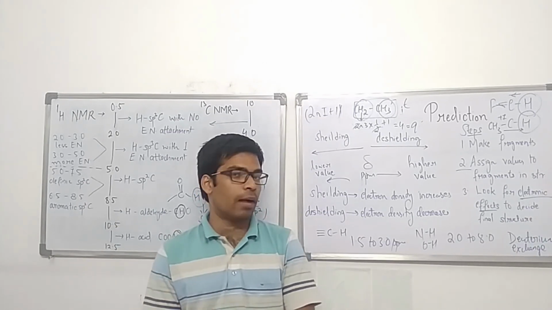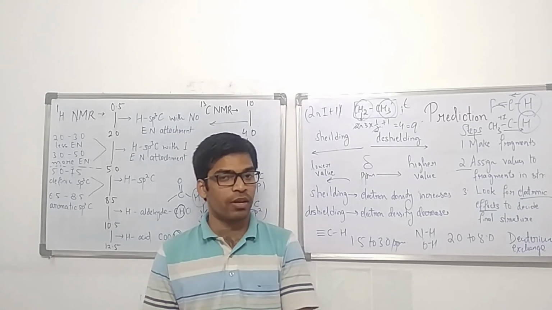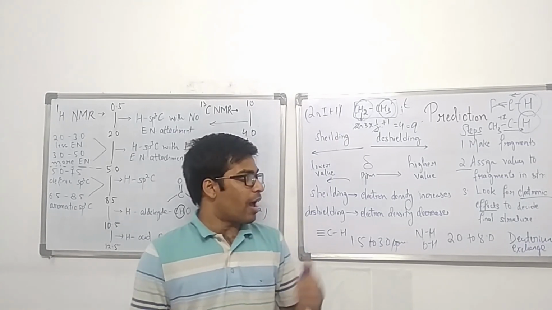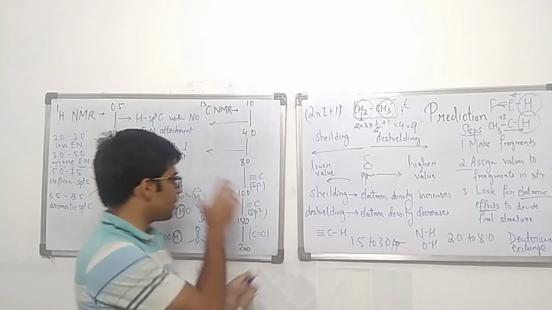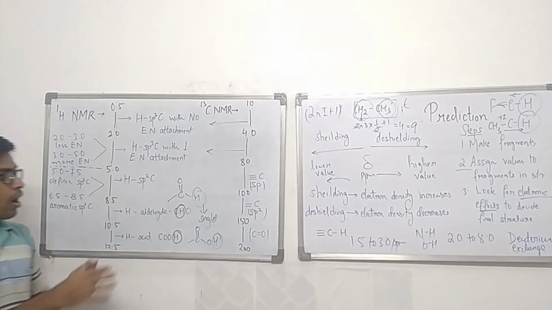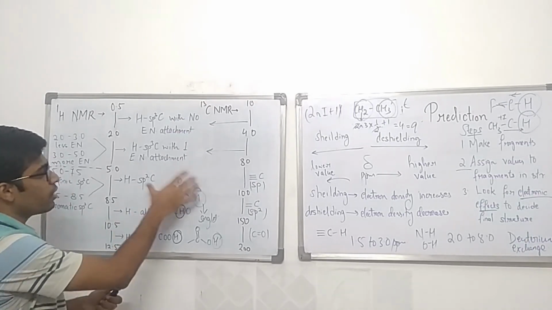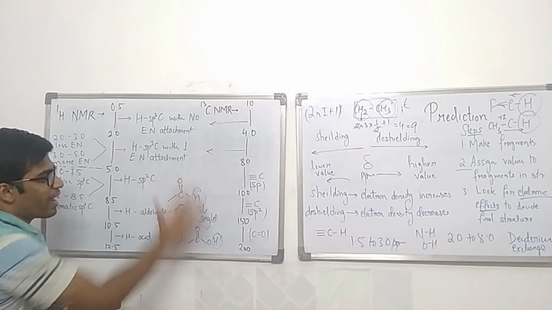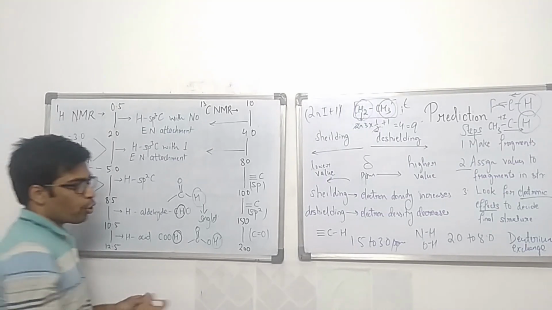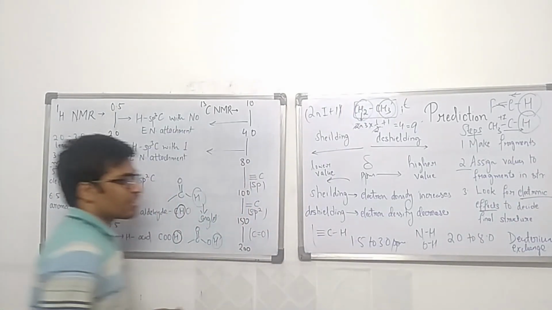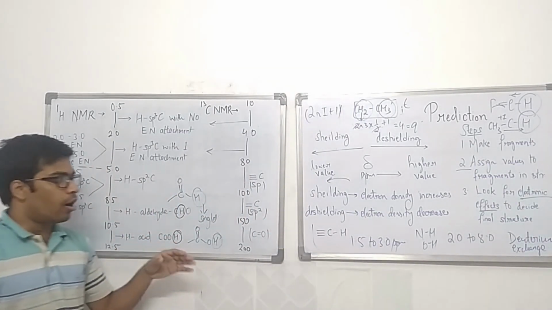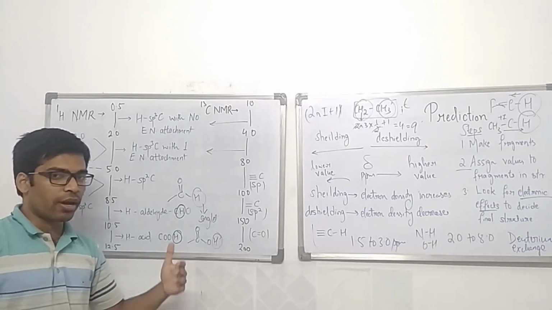So we'll look at some examples from questions which have come previously in NET, GATE and TIFR, and using this table we'll try to figure out the correct structure. Now it will be good that you memorize this table, including these values, because it is going to help you in whichever question you attempt for NMR prediction.